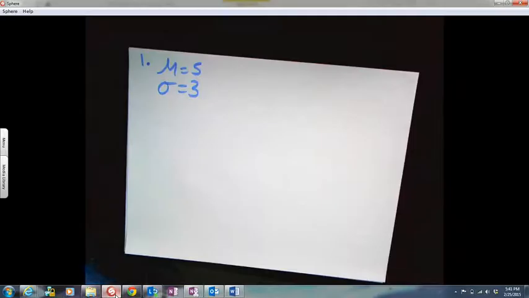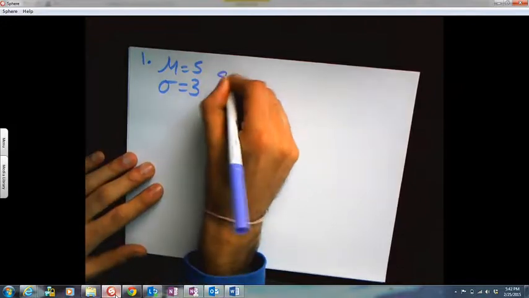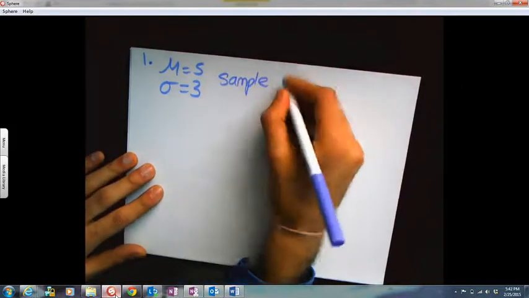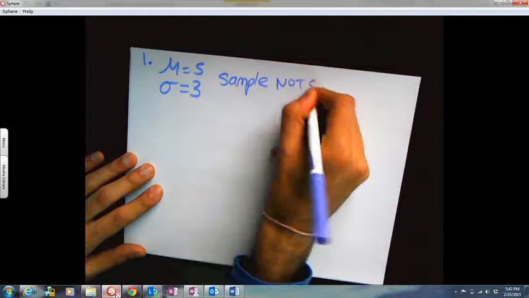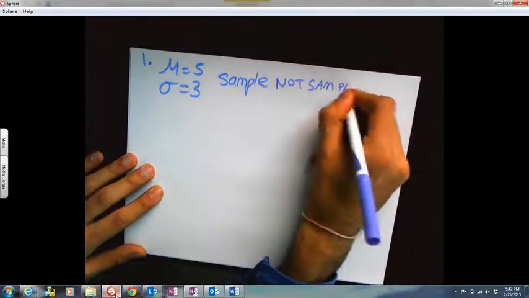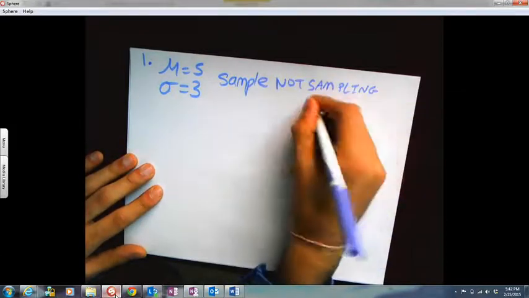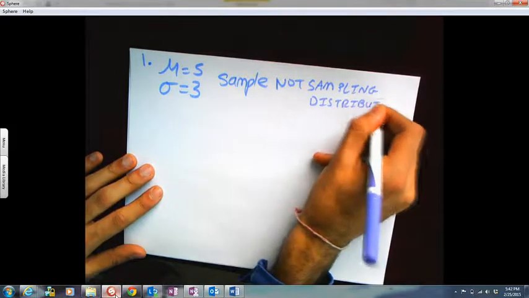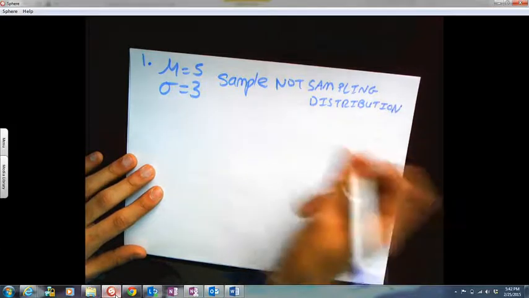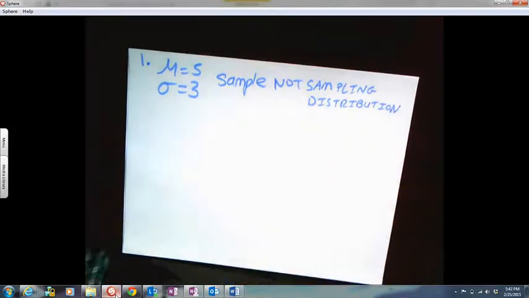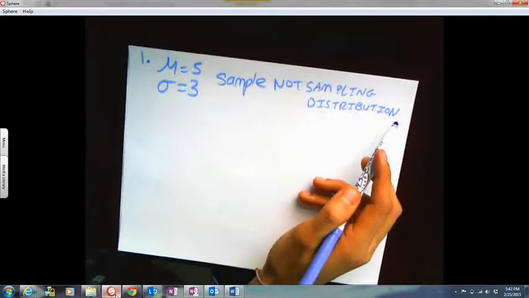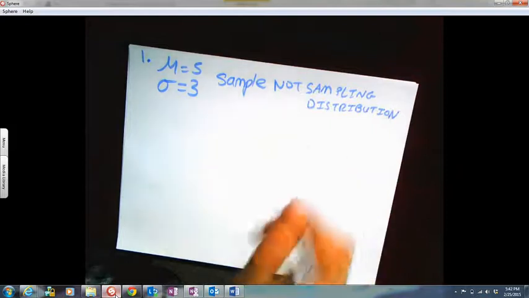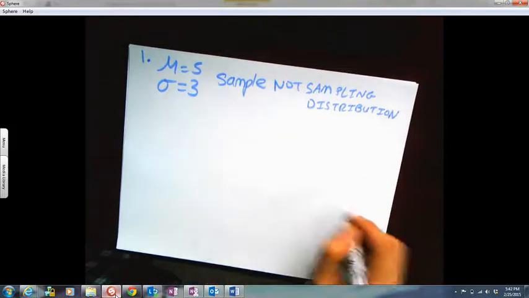They're asking about the sample, not the sampling distribution. Sampling distribution means we take like 1,000,000 samples, each sample has 42 rabbits, and then it will be approximately normal.